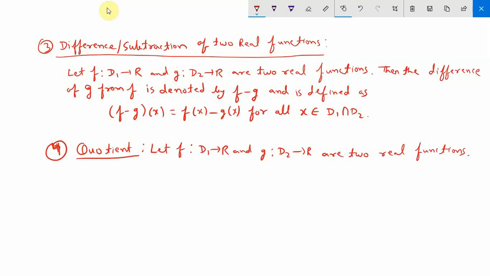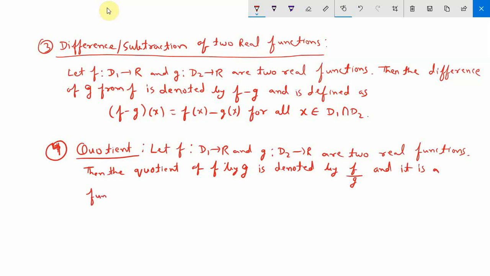Then the quotient of f by g is denoted by f divided by g, and it is a function from D1 intersection D2 minus the x such that the denominator g(x) equals 0.